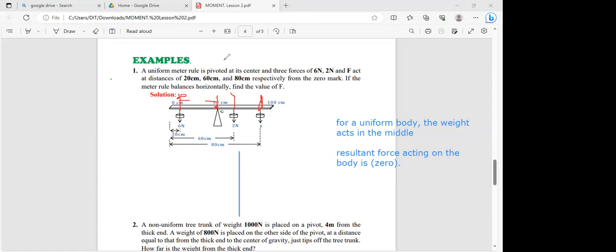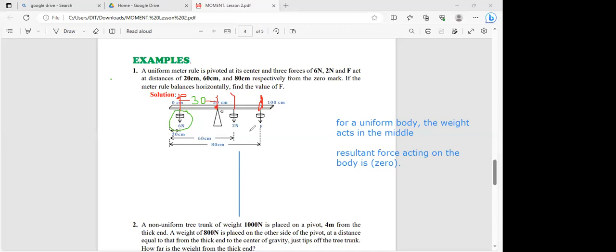That means the distance of these 6 newtons from the pivot is going to be 50 minus 20, which gives us 30 centimeters.